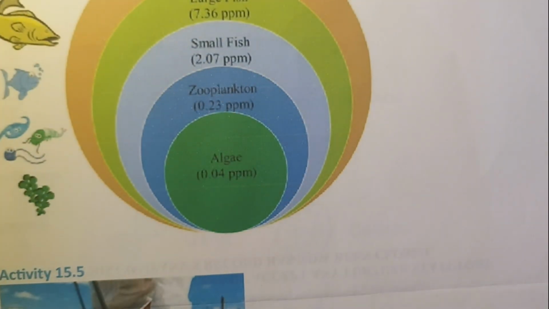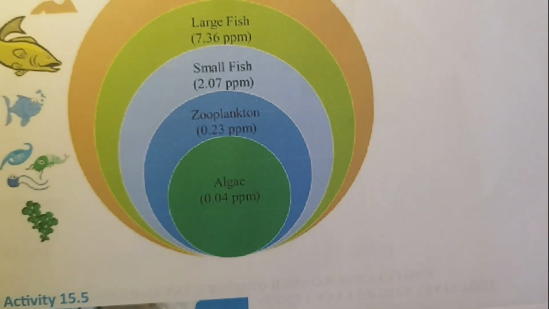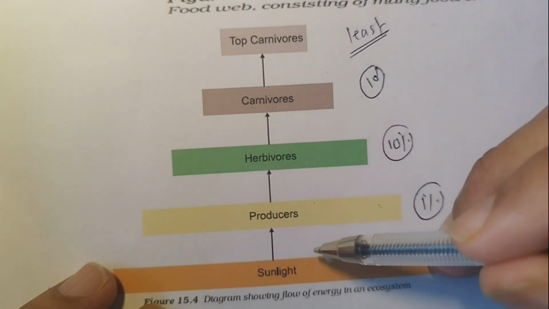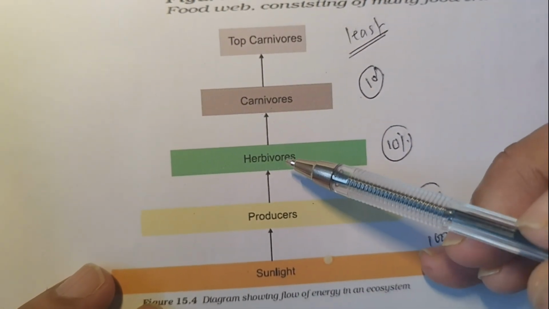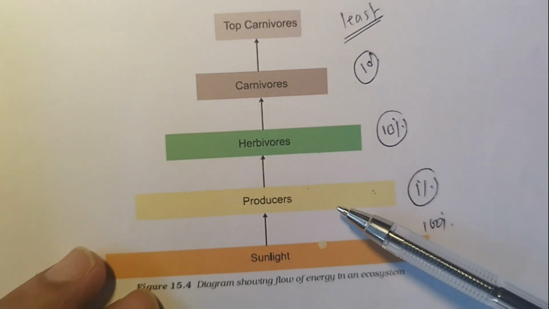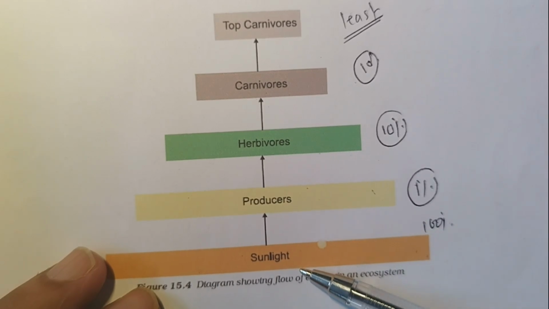From the energy flow diagram, there are 2 things that we can derive. Firstly, the flow of energy is unidirectional. It's only in one direction; there is no reverse direction. The energy captured by the autotrophs does not revert back to the sun.